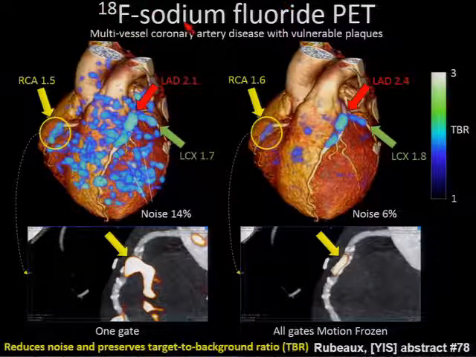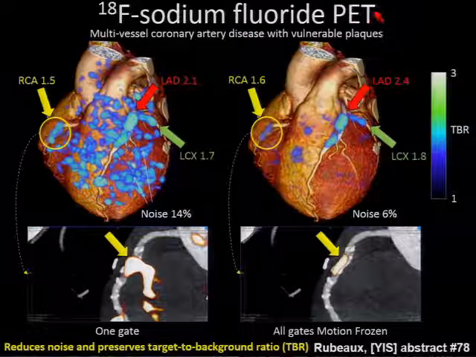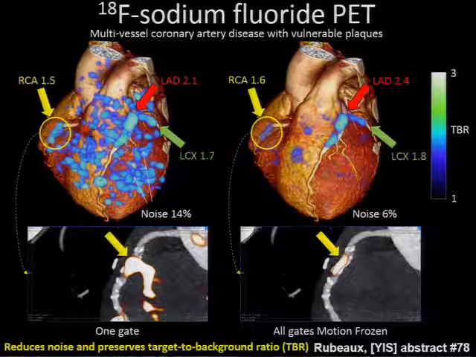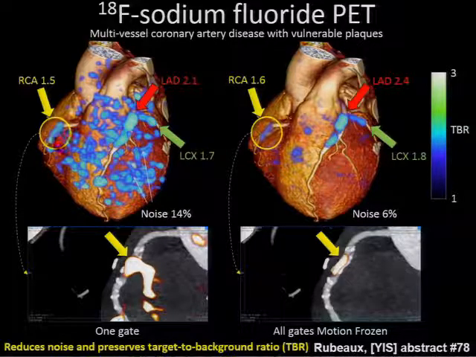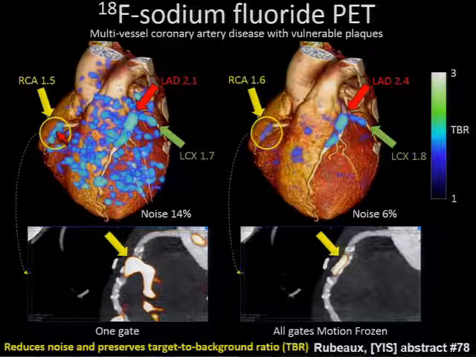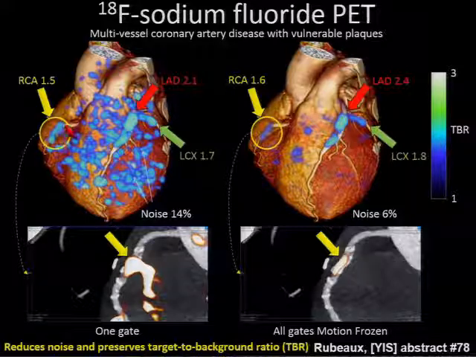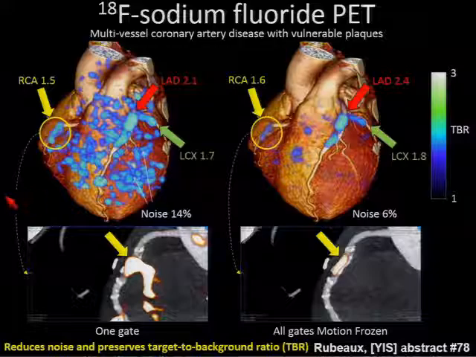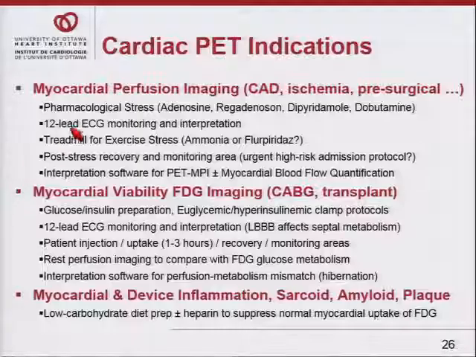Sodium fluoride, also developed originally as an oncology scan for bone mets, may have some research applications potentially emerging. We would wonder about clinical applications to look at vulnerable plaque or calcified plaque in coronary arteries. This may be something that we see coming down the road.